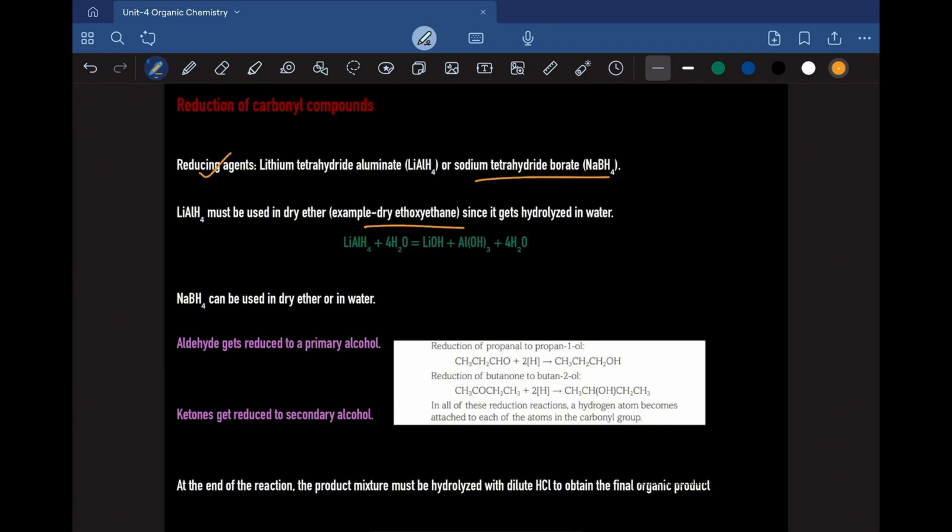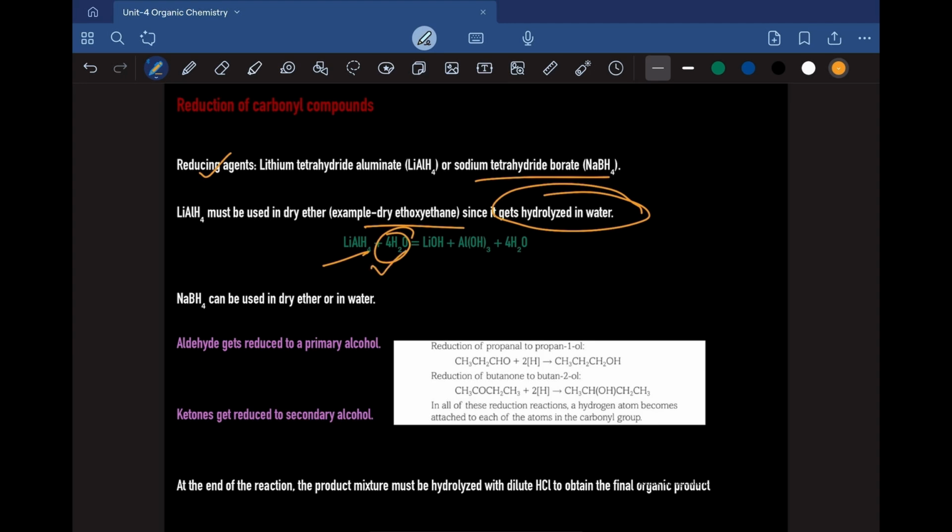You have to use them in dry ethoxyethane, because if you don't use dry ether, it will get hydrolyzed in water. If there is a small amount of water, this lithium tetrahydroaluminate will get hydrolyzed.